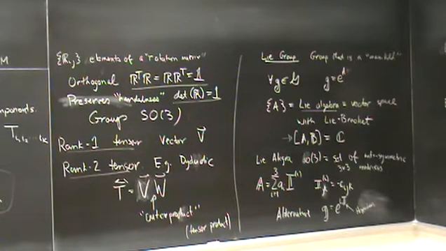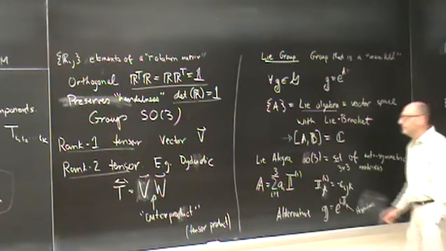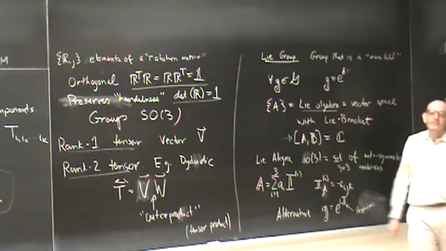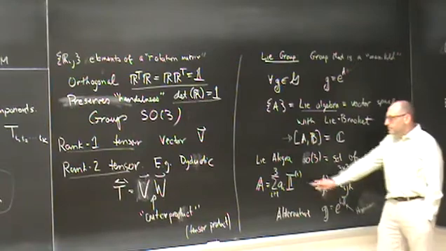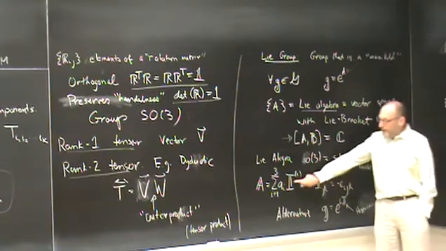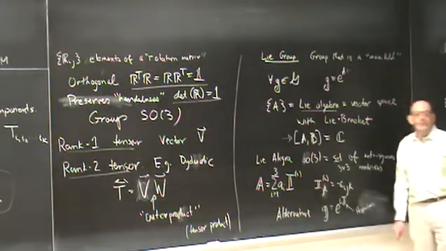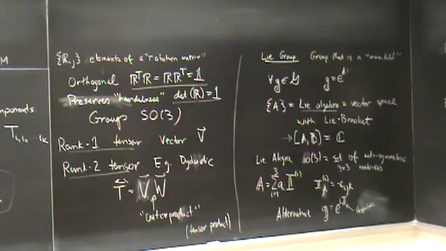As we showed last time, that set is the set of all antisymmetric 3×3 matrices. That algebra is a 3-dimensional vector space, and it is spanned by, for example, a set of matrices whose matrix elements are related to the completely antisymmetric tensor epsilon ijk.